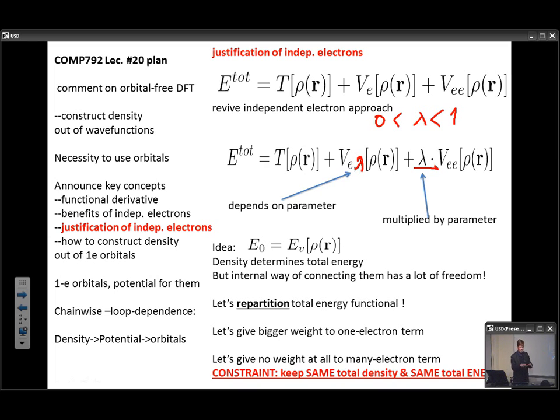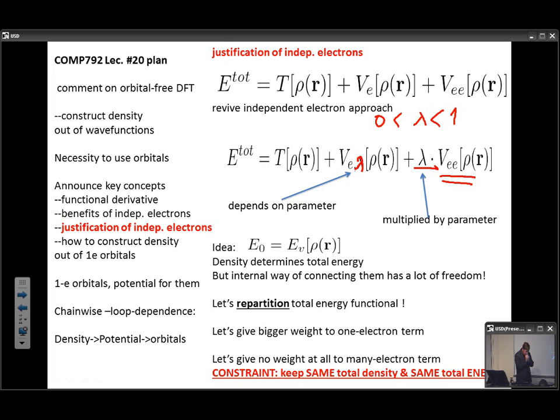So the real world that we are observing in experiment corresponds to the situation when lambda is equal to 1. So we have the electron-electron term in place. But here is the trick.